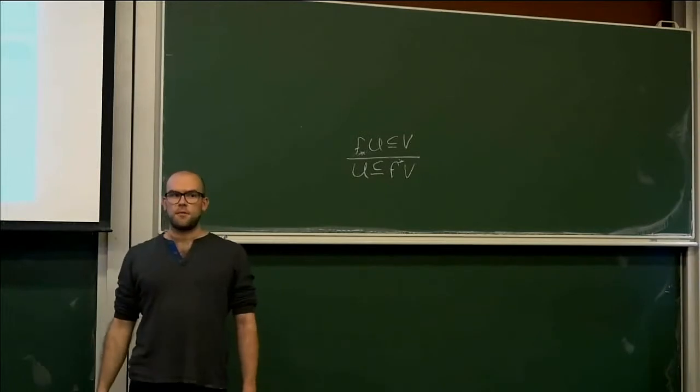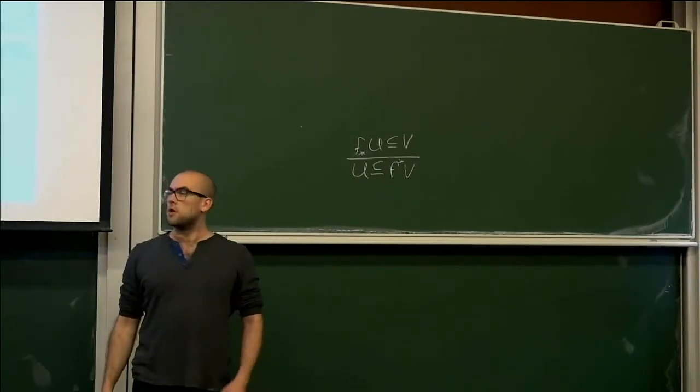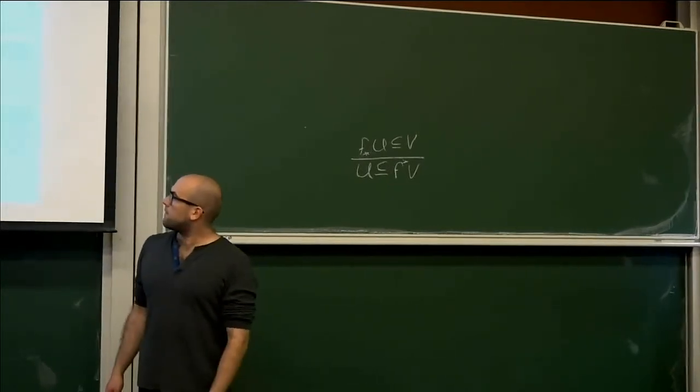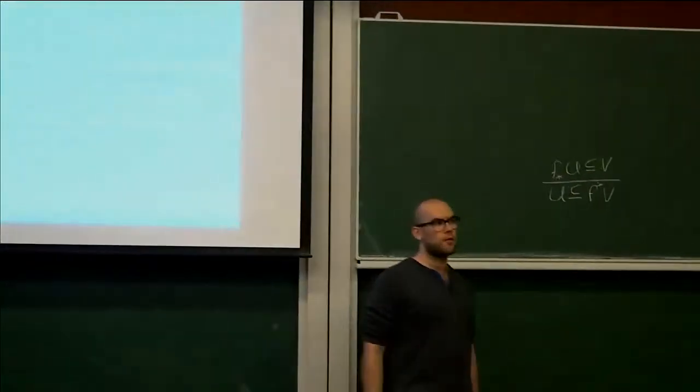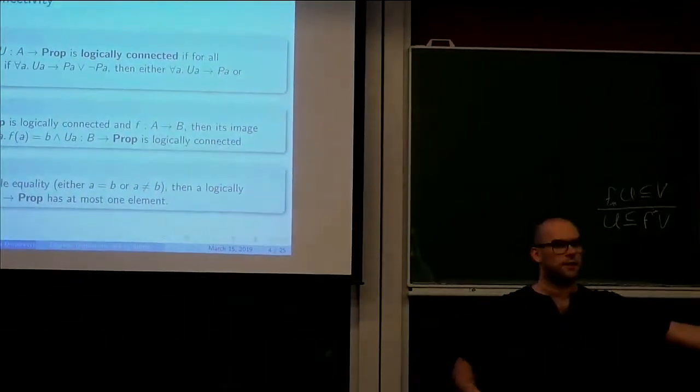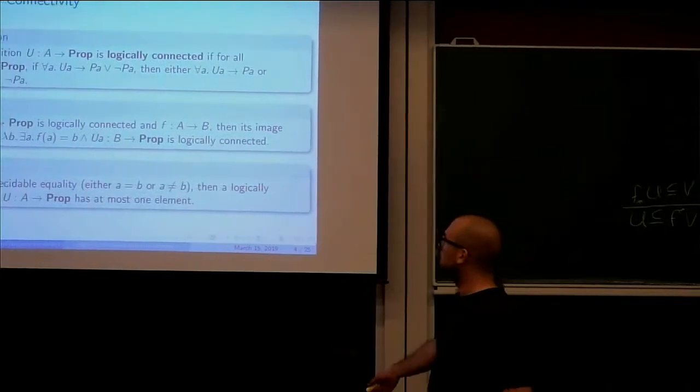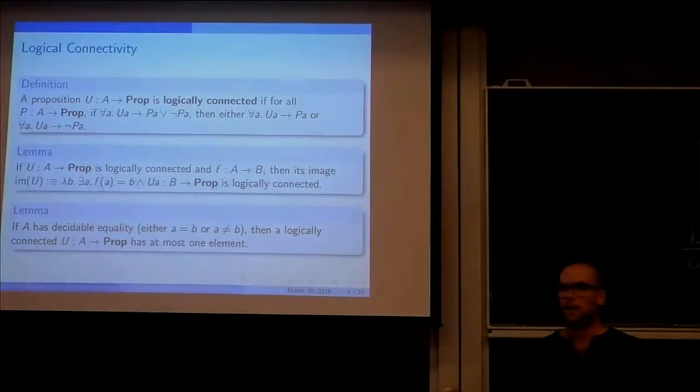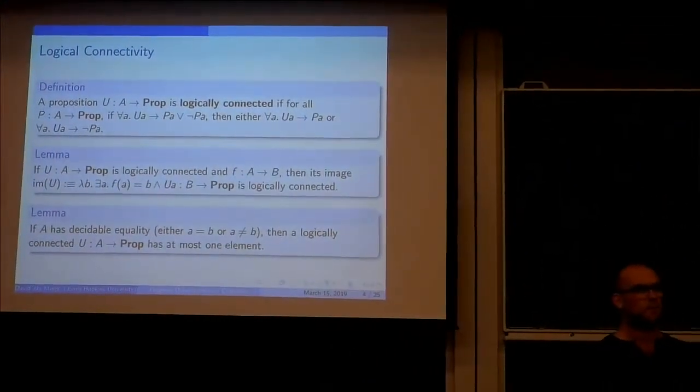And that lets you bounce things back to where you know something about them. And finally, if a type has decidable equality, you need to decide whether any two things are either equal or not, then logically connected propositions have at most one element.